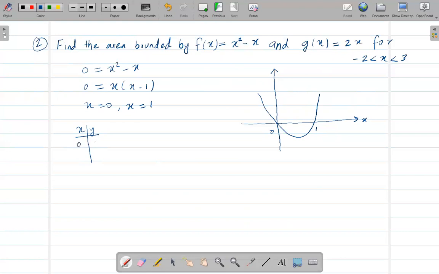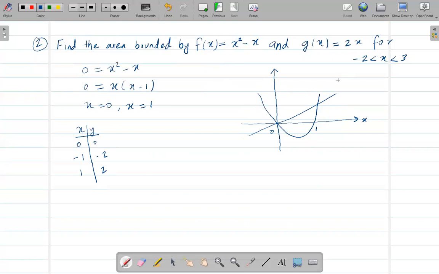If x is 0, it's 0. If it is -1, then it's -2. If it is +1, it's +2, like that. And you will get a straight line, something like this. Okay.